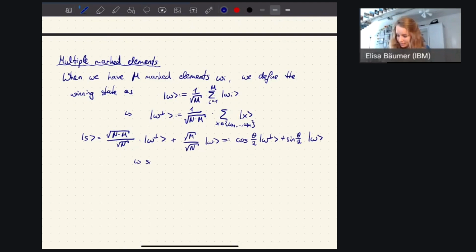So in this case, it's just the angle theta has changed, because sine of theta over 2 is not just 1 over square root of n, but it's actually now square root of m over n. Which means that the angle theta becomes larger.